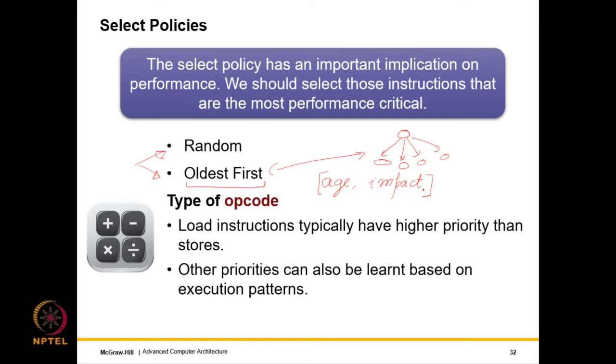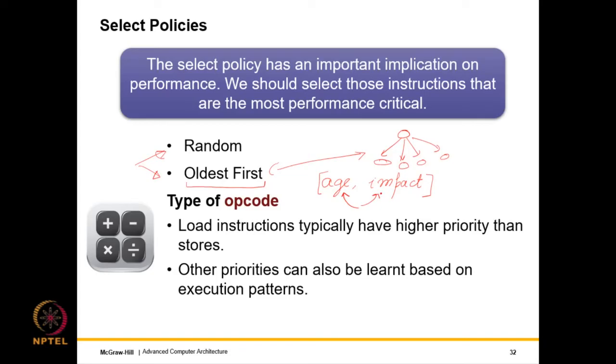The person with the maximum amount of caliber for doing a certain job. So in this case, the caliber is the number of instructions that are dependent on it. But if we always start choosing this, then of course we'll have starvation and that will lead to other problems, which we will see a few slides later. So it should be some combination of basically age and impact. And as I said, it's a general rule in life as well.